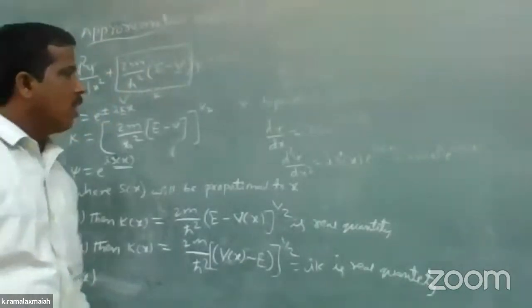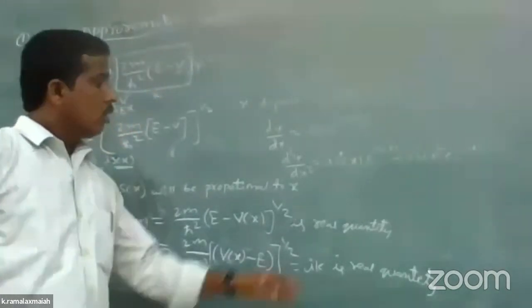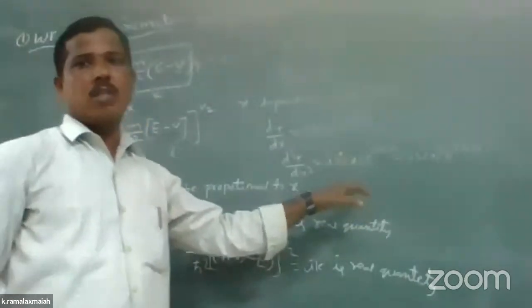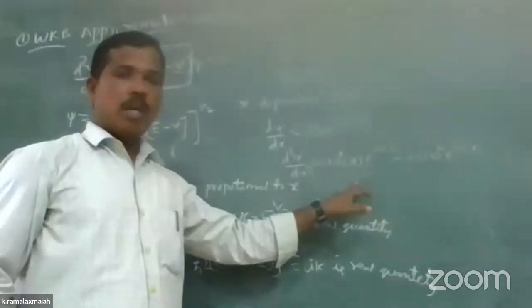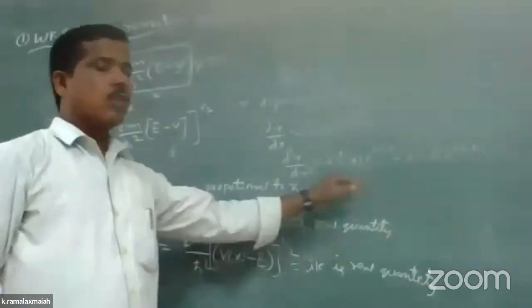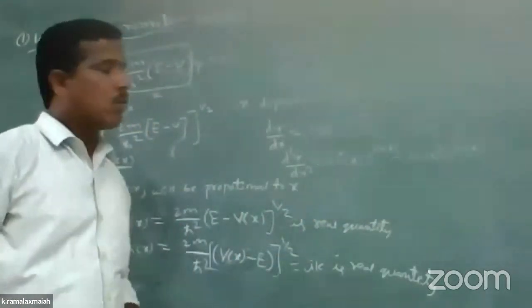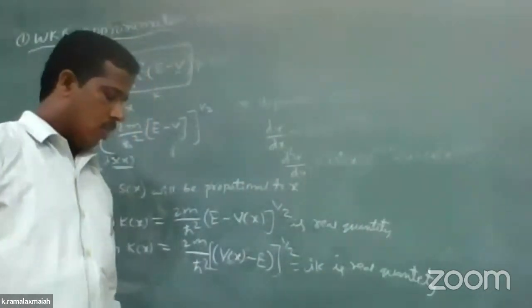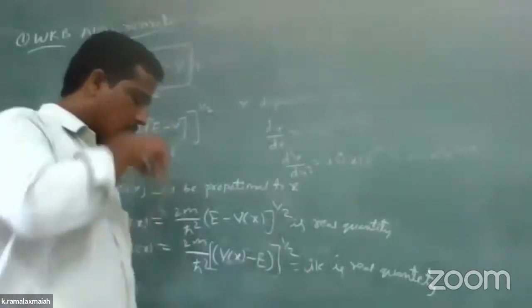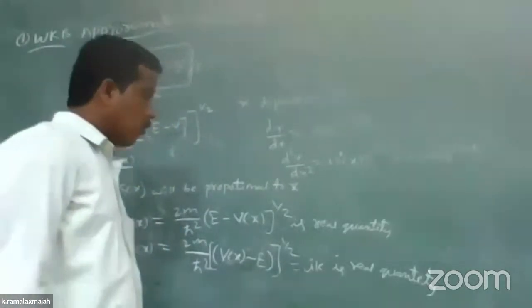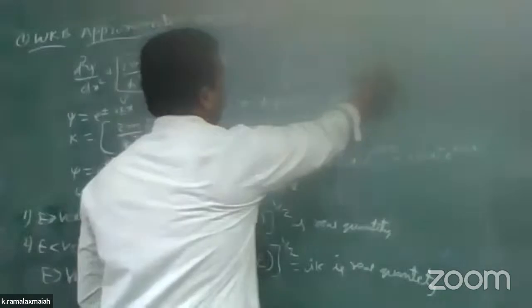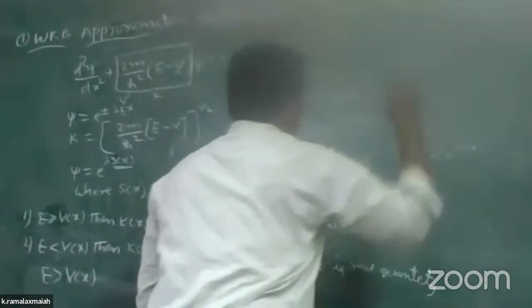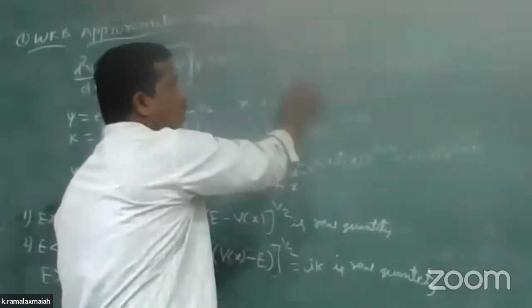So therefore we have equation 22.51. Observe equation 22.51 in your textbook. Substitute both these values in this equation.